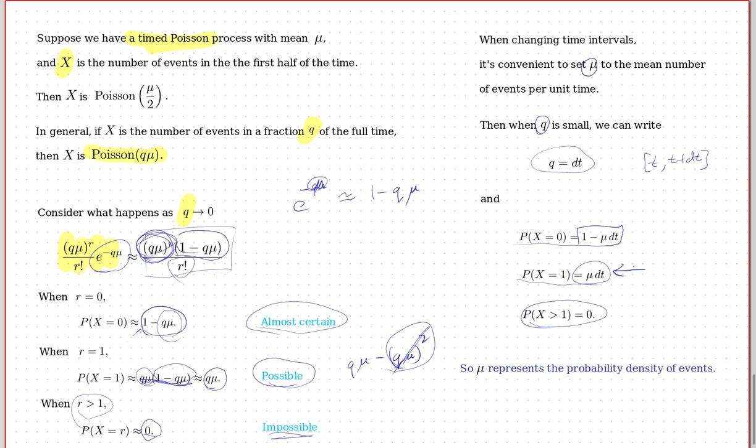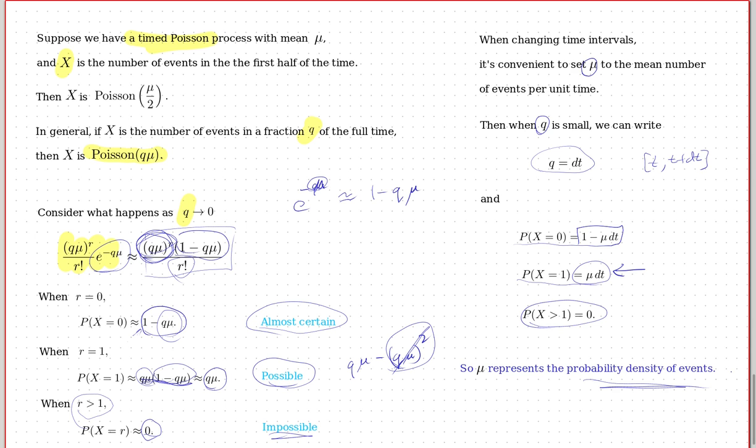So you can talk about the probability density function, for example, for the normal distribution, and any particular value that the normal random variable might take has probability 0, but the probability for an interval is non-zero, right? So we say the probability density is the rate at which the probability increases as you increase the length of the interval. And so that's kind of what mu represents. It represents the probability density of events occurring in this Poisson process.